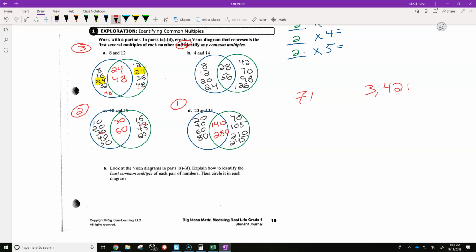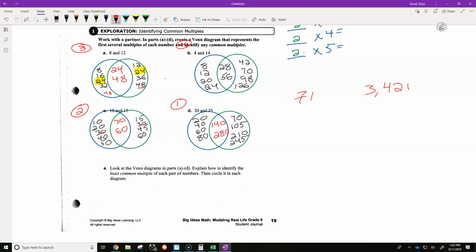Okay. Now I look at it, and my initial reaction when I first looked at it was no. And then when you start to think about it, well, no, I don't want to do the math. The way we know how to find least common multiple is the very first example we're going to do. We list them out. And that's what a lot of you did when you did your Venn diagram. I saw it. You got the calculators out.